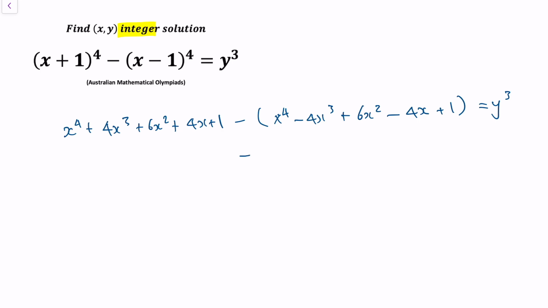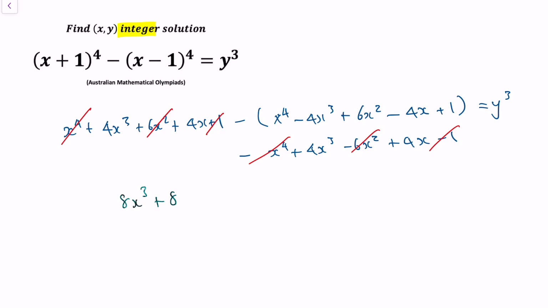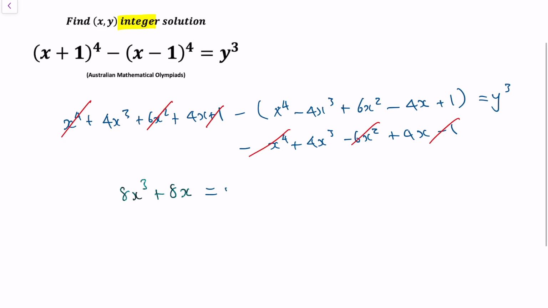So we have, in other words, minus x to the 4 plus 4x cubed minus 6x squared plus 4x minus 1. If you do some cancellations, that goes with that. 6x squared goes. We have plus 1 goes with minus 1. Okay, so in other words, the left-hand side is equal to 8x cubed plus 8x. And that's equal to y cubed.